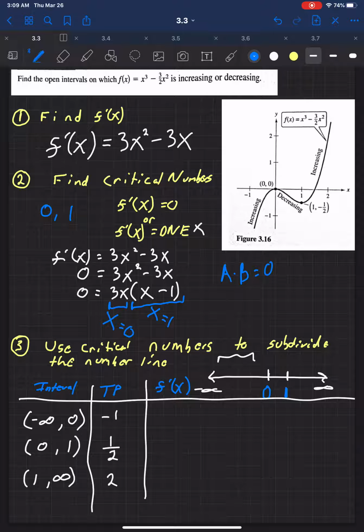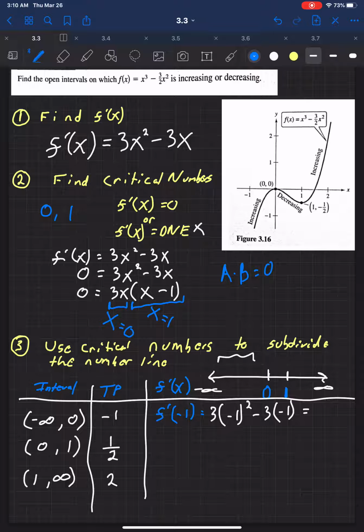Ready? So let's go ahead and do that. For this first example, I'm going to work it out for you. So this would be f prime of what? What are you actually plugging in? You're plugging in -1. Let's see what the math looks like. So this would be 3 multiplied by -1 to the power of 2 minus 3 multiplied by -1.